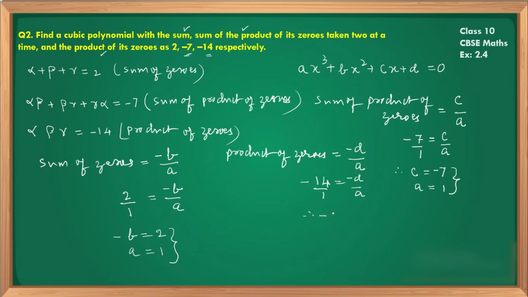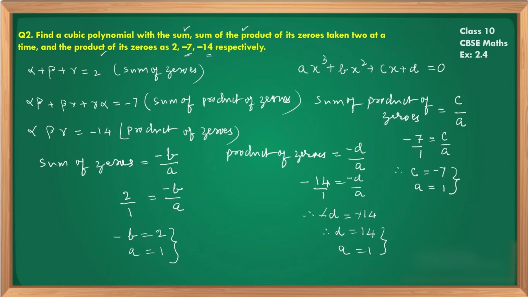Therefore minus d is equal to minus 14, therefore d is equal to 14. This minus and this minus get cancelled, and a is equal to 1. Here also you can observe that a value is 1 in all these 3 stages.